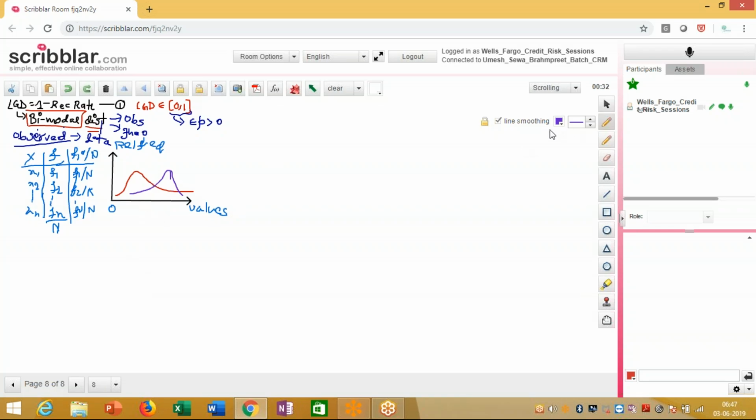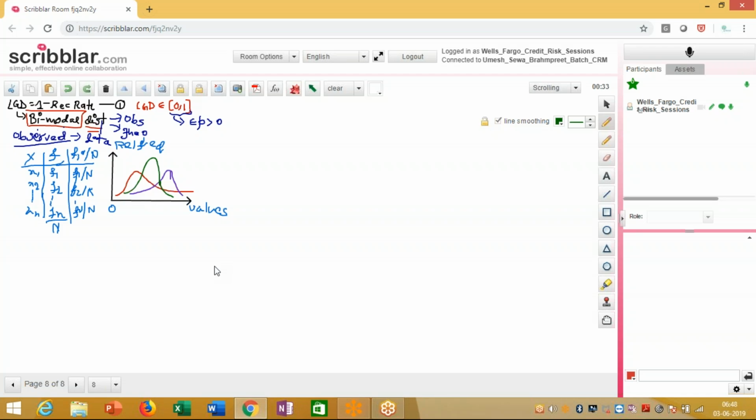So there are these two possible distributions which can happen, and the third one added to this is... these are the three possible distributions that are possible.